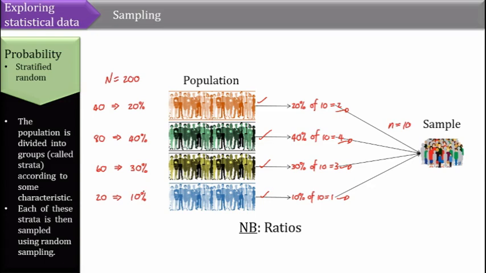Because it takes up the smallest portion of the population. Right, so really, really important that you keep the ratios in mind because that is the whole purpose of stratified sampling, is attempting a representative sample from the population.